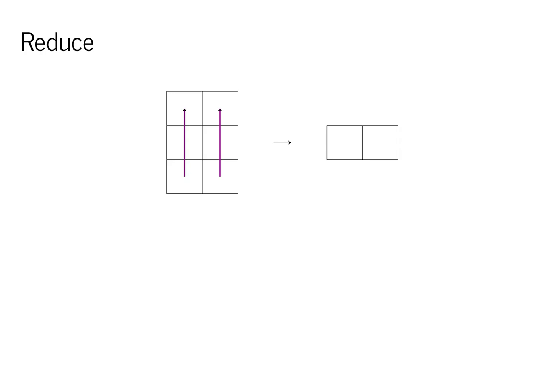It reduces whatever dimension you tell it to shape 1. The way it does that is it adds up all of the elements along that dimension. So in this example here, we're reducing along dimension 0. This corresponds to reducing along the rows. So we sum together these 3 elements and save them in the final 2 remaining elements. So this gives us back a tensor of shape 1 by 2.